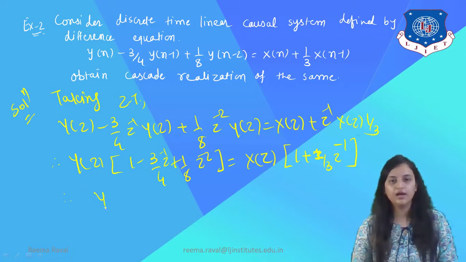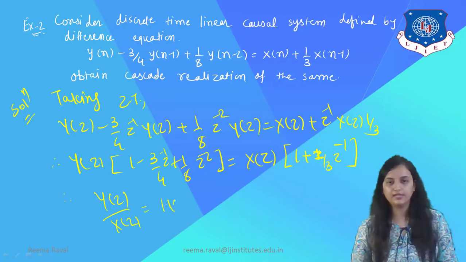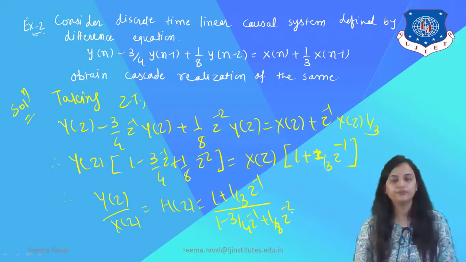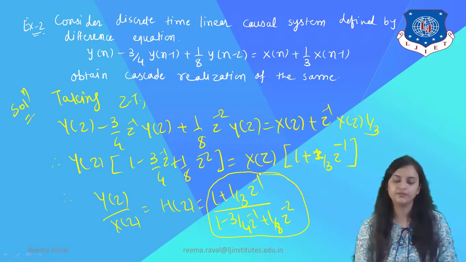So Y of z by X of z, that will be equal to H of z, which is 1 plus 1 by 3 z inverse divided by 1 minus 3 by 4 z inverse plus 1 by 8 z raised to minus 2. This is the system transfer function using which we need to obtain the cascaded structure.